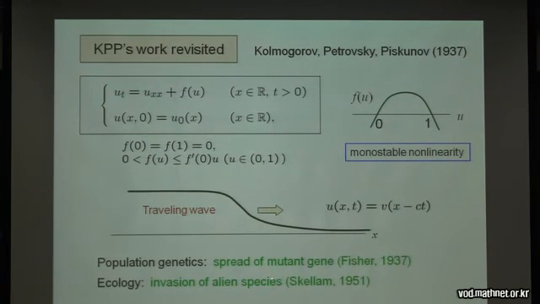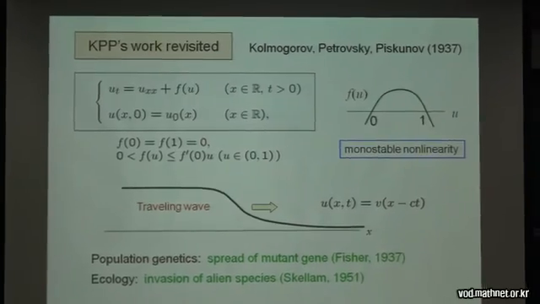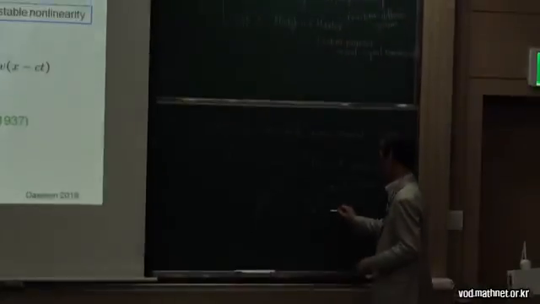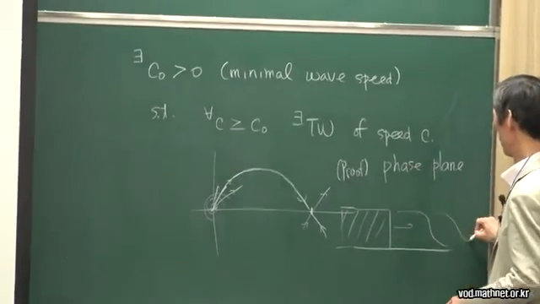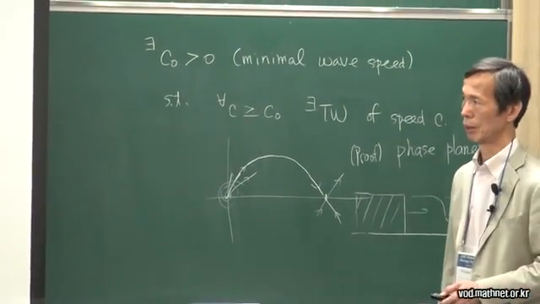Why is the traveling wave solution important? It is important because if you start from some compactly supported initial data, the solution front will eventually converge to a traveling wave.